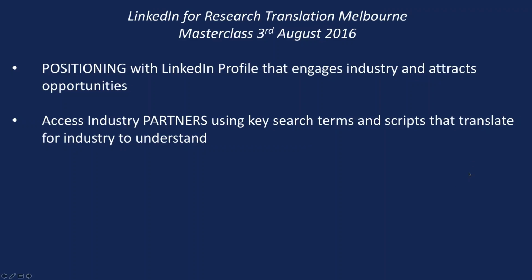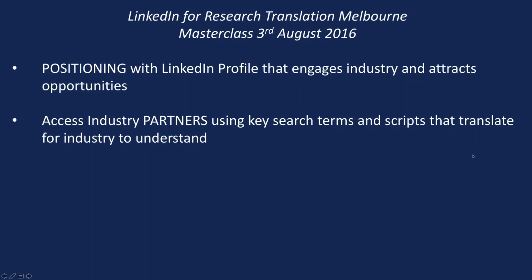The second part that we'll do is how to access partners, so how to find them using key search terms, and then once you've got that, knowing what to say to them. Quite often we find people go, oh wow, we found this person, that's fantastic, now what do I say to them?